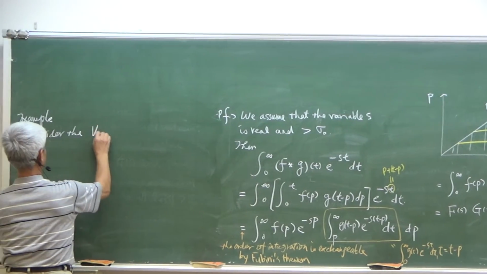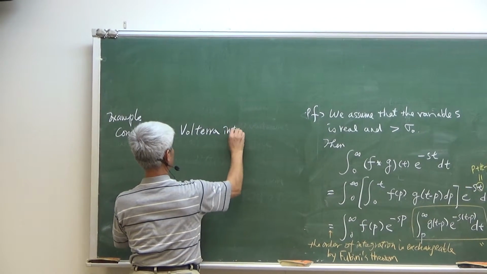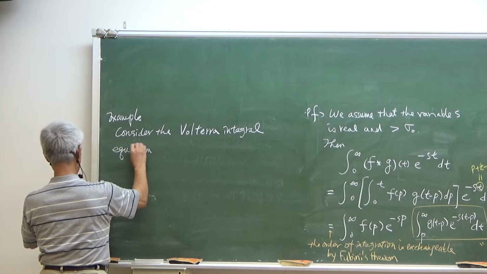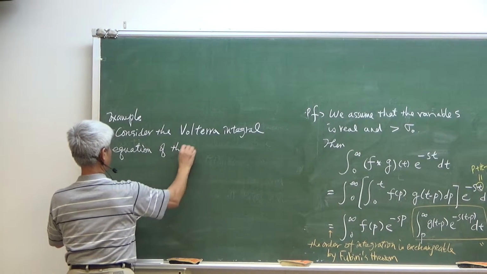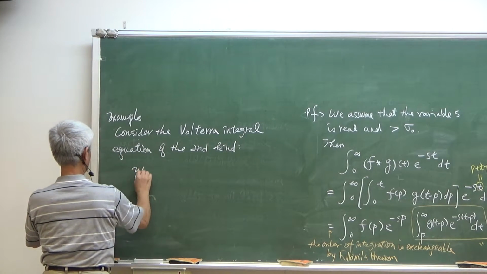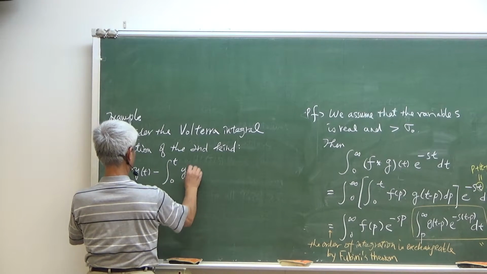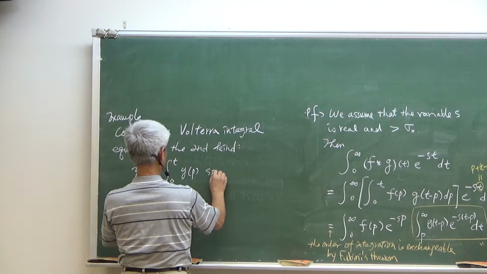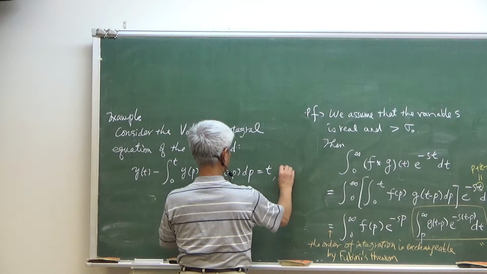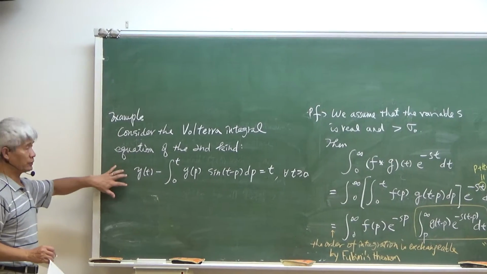Alright, now a Volterra integral equation of the second kind: y(t) minus the integral of y(τ) times sine of (t minus τ) equals t.